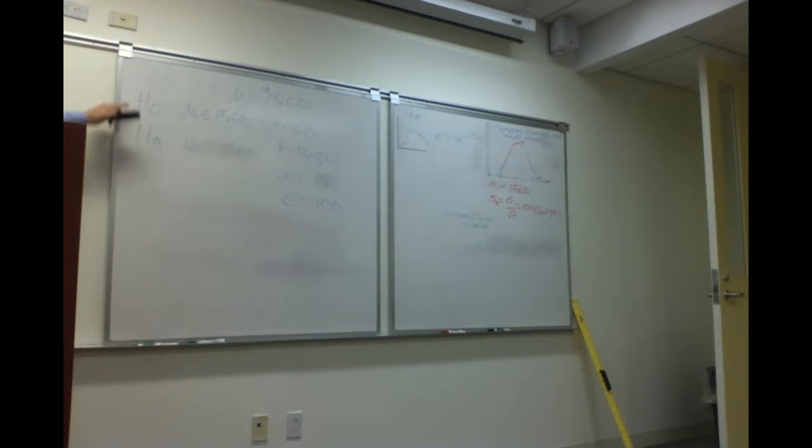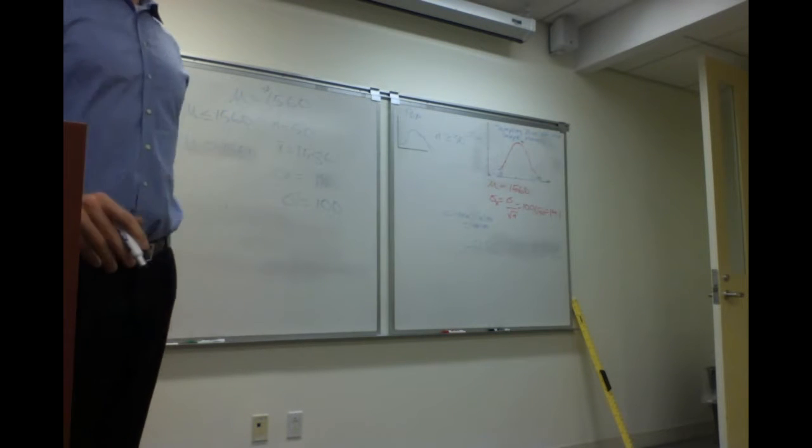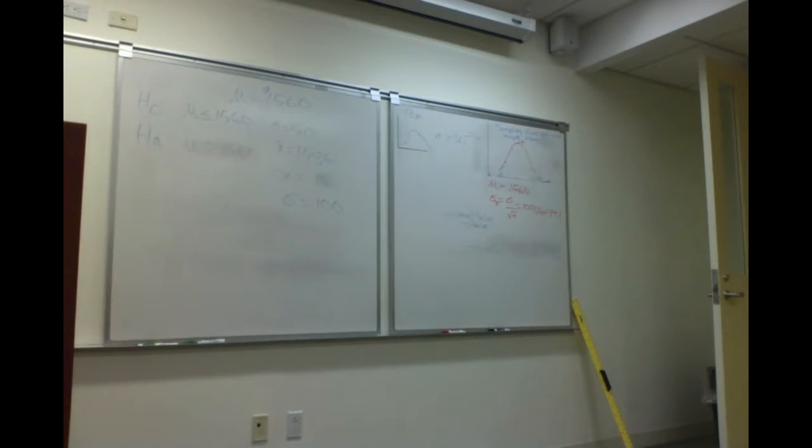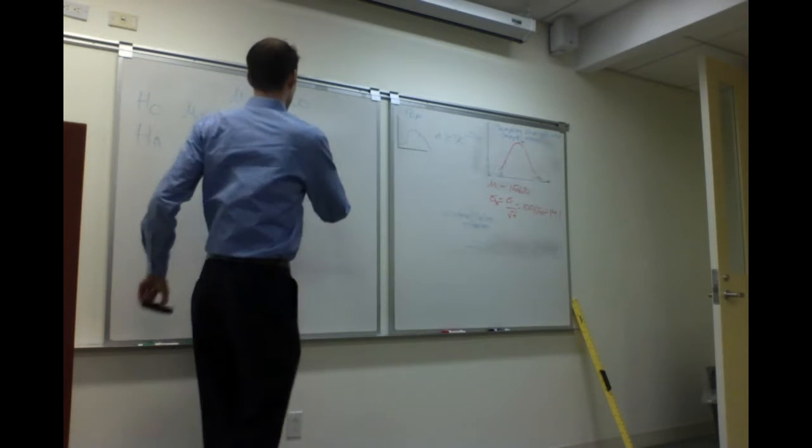So I've still constructed a hypothesis test that encompasses all possible outcomes. The null hypothesis: the mean is less than or equal to 1560. The alternative hypothesis, which is what I'm thinking I might be able to prove, is that the mean is greater than 1560. And let's go back to a 10% significance level.